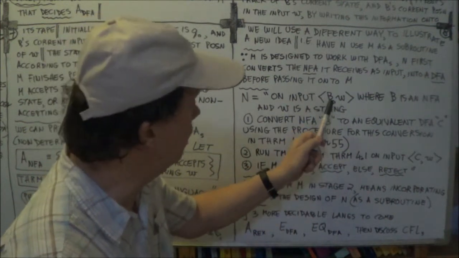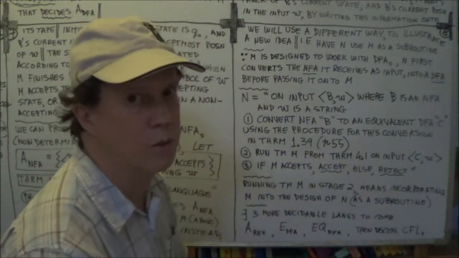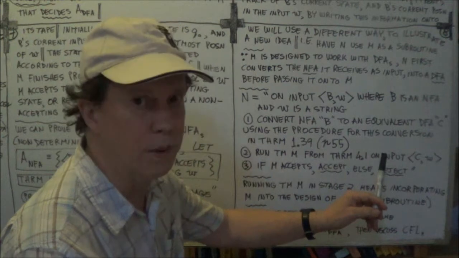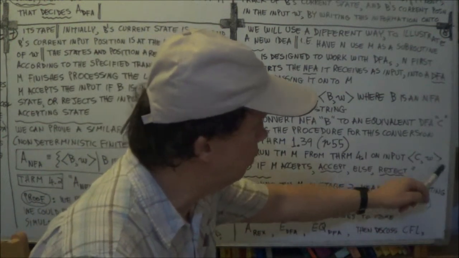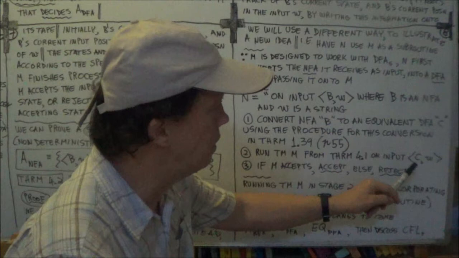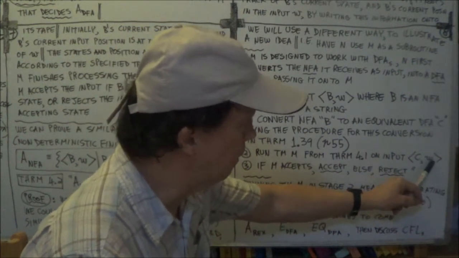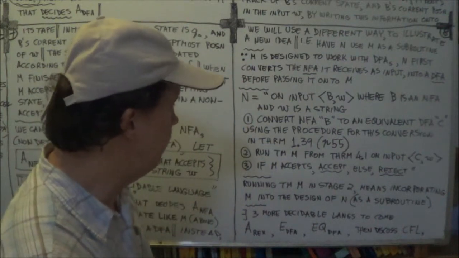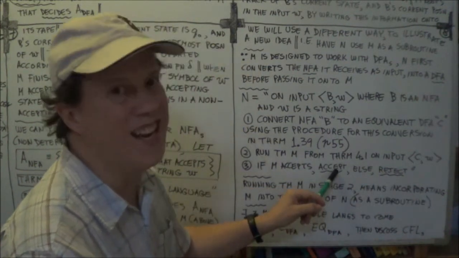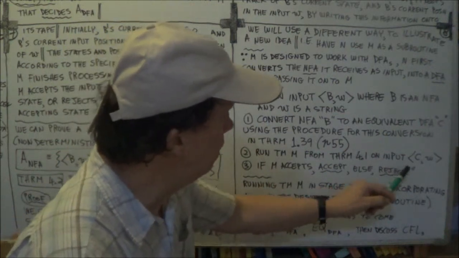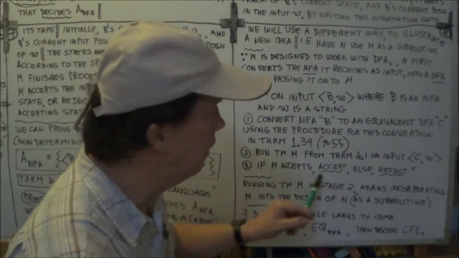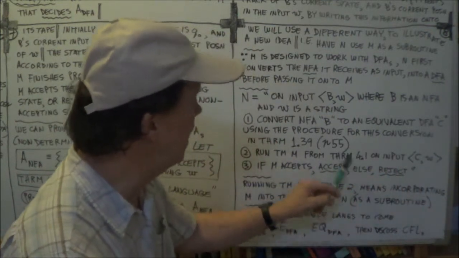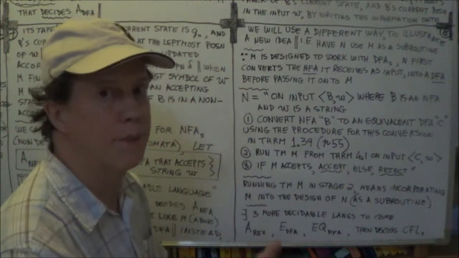You can convert this into this, and they're equivalent. So now use machine M as a component, as a subroutine, to process this string W, to see whether it is accepted by this machine. Now, if M accepts, then N accepts. And if M, the smaller component, rejects, then N will reject. That's the idea.